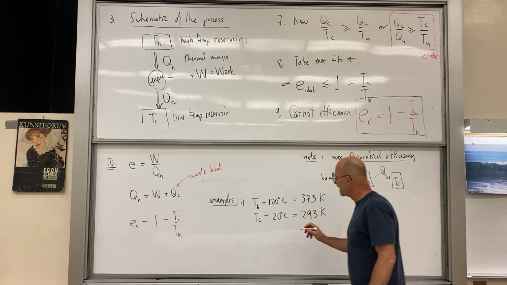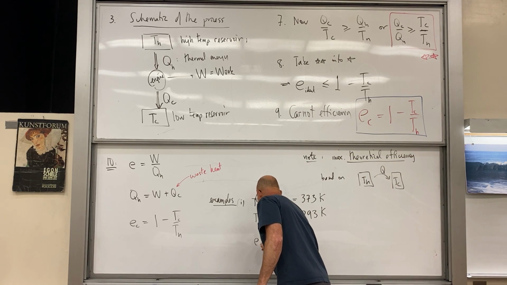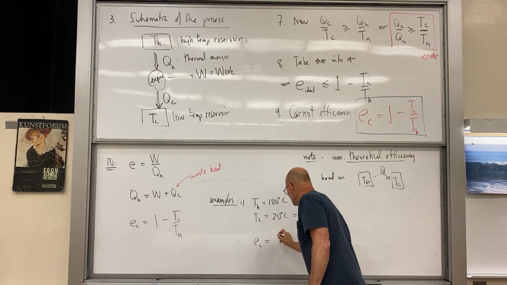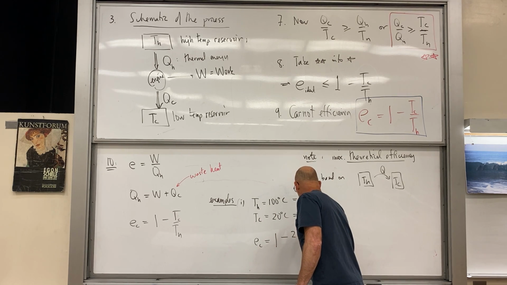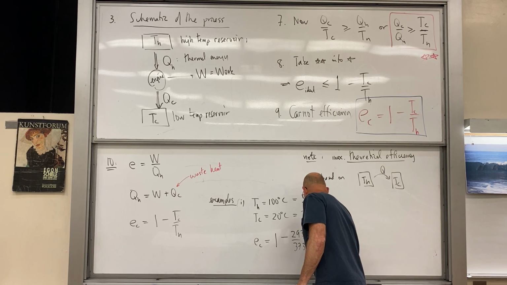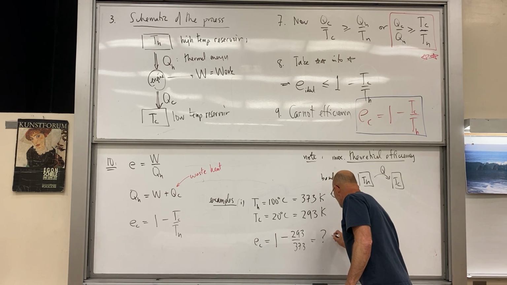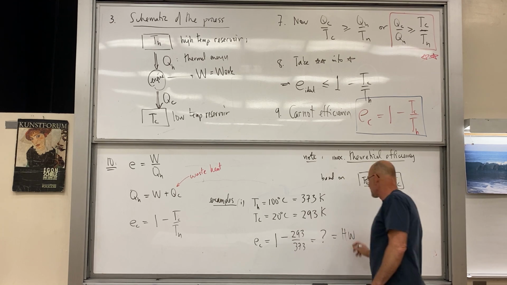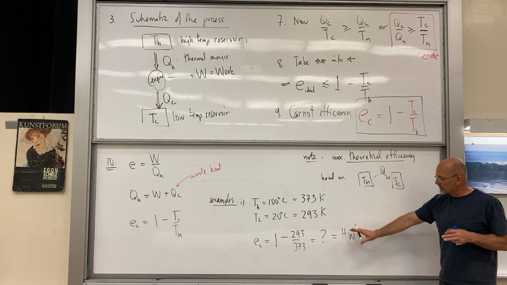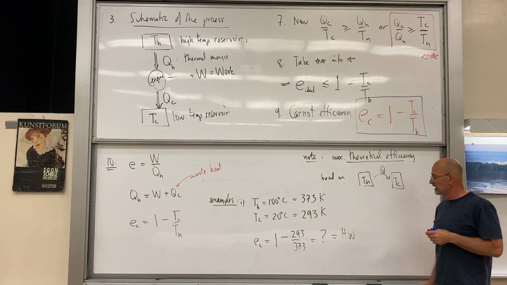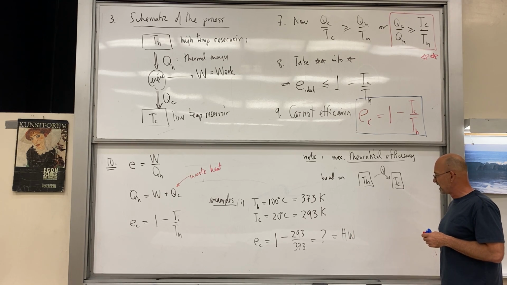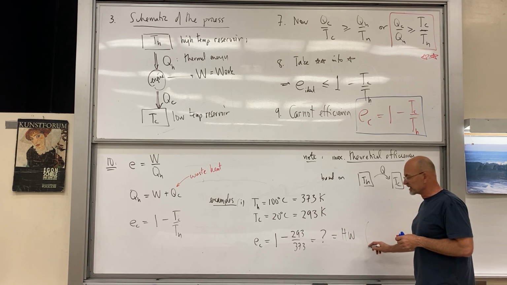Then you could find out the Carnot efficiency of such an engine would be 1 minus 293 divided by 373 equals... homework. So make sure you take out your calculator and figure this out. I'll tell you right now, it's approximately 20%.